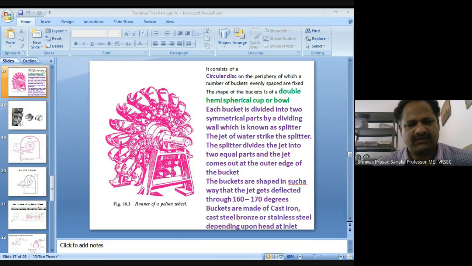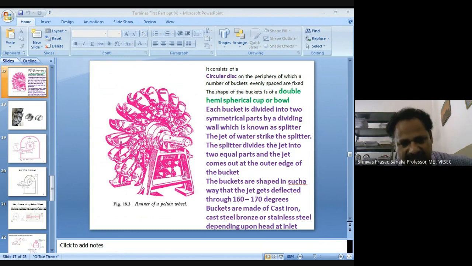The runner of a Pelton wheel is a circular disc on the periphery of which a number of buckets are evenly spaced and fixed. The shape of the bucket is of a double hemispherical cup.